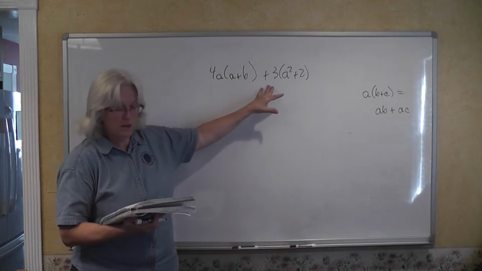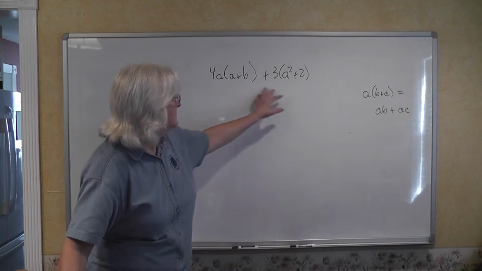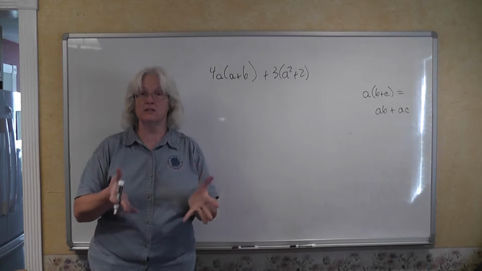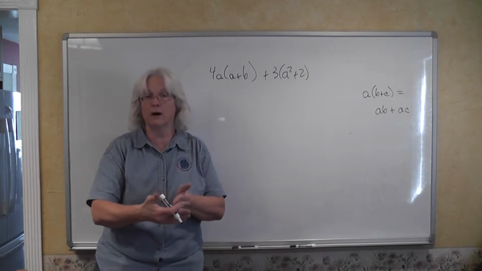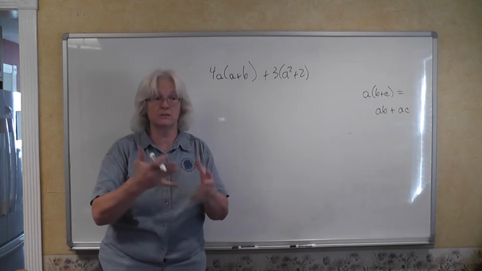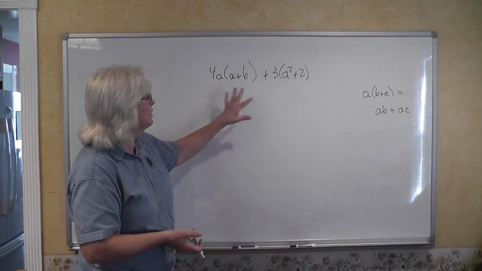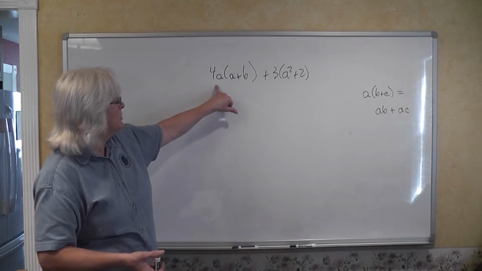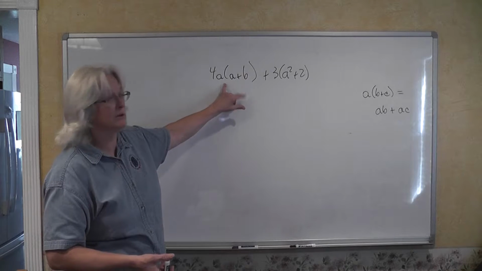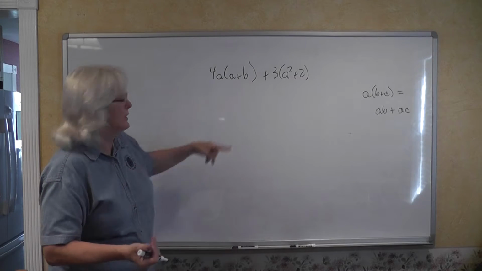First off, I see no negative signs, and that makes me happy because negative signs cause problems for us all the time. I drop negative signs, everybody's going to drop a negative sign at some point. So when you don't have to worry about negatives, it's nice. There's a letter outside. No big deal.